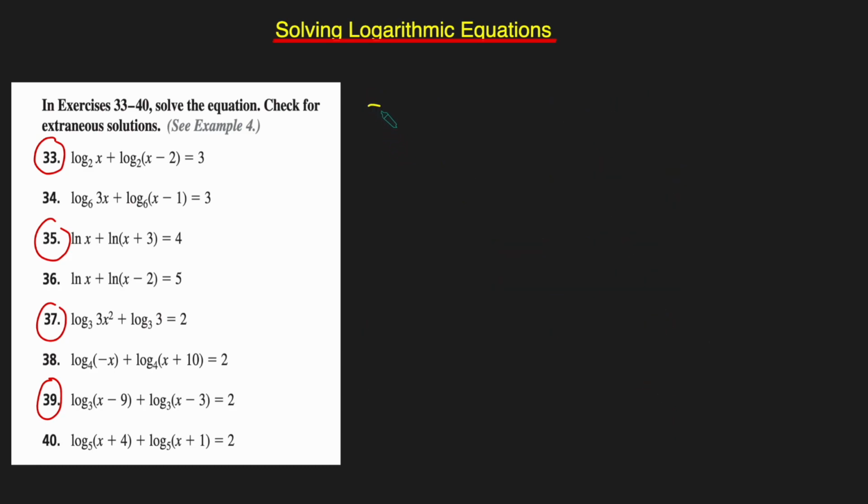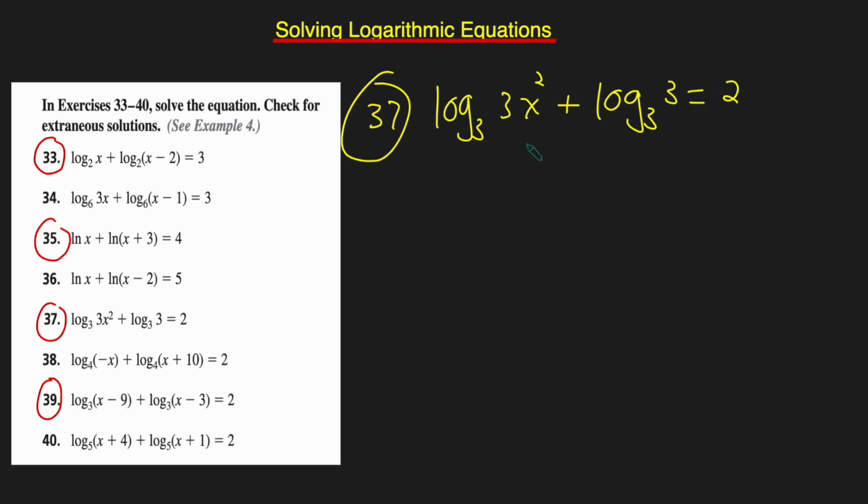Problem number 37, log base 3 of 3x squared plus log base 3 of 3 equals 2. So we're going to go ahead and use the product property. That's going to be log base 3 of 3x squared times 3 is equal to 2.